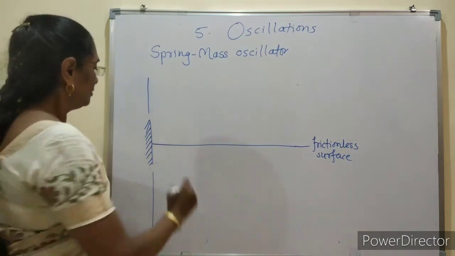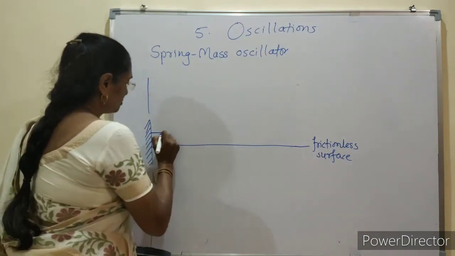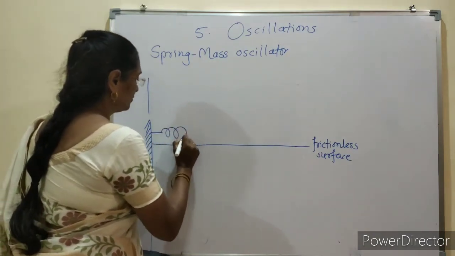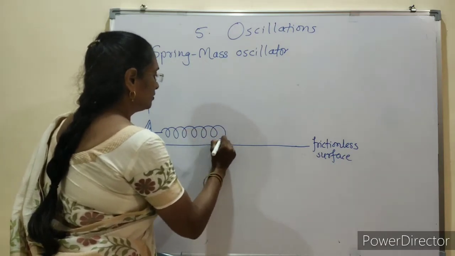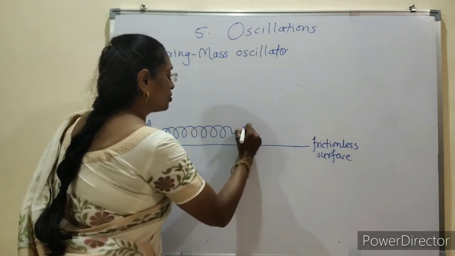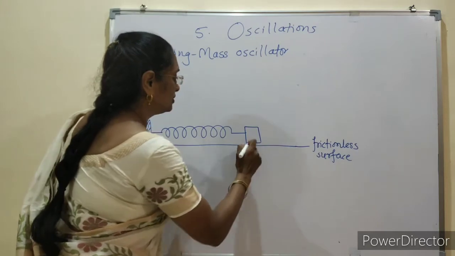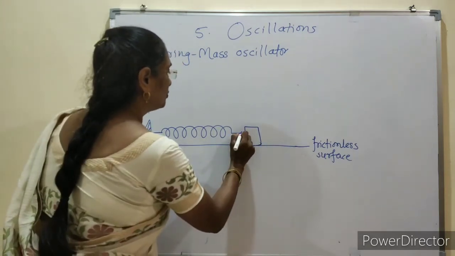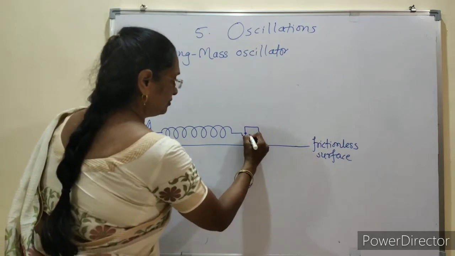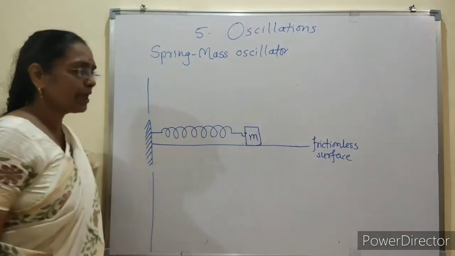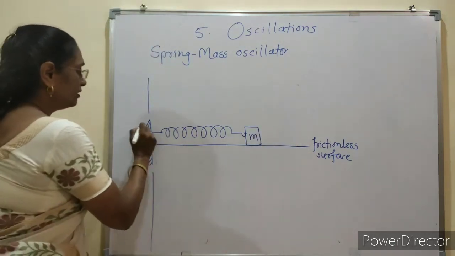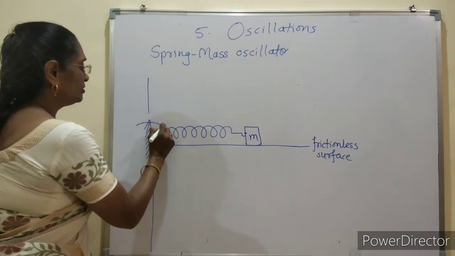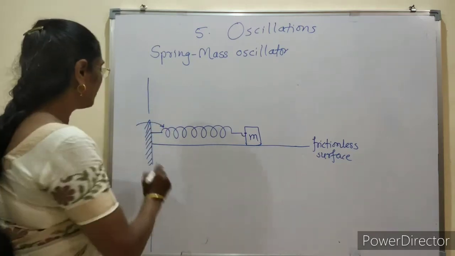On that, here a spring is attached to a block. Here this is a block. To the block the spring is attached. This block has mass m. This is a spring, and this spring is not acted upon by any force.